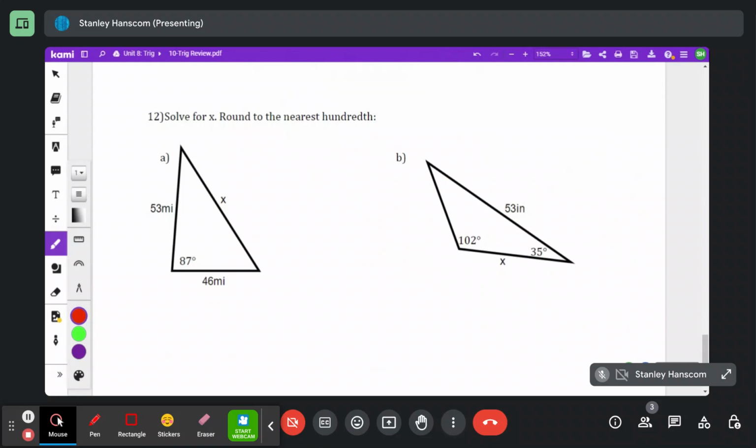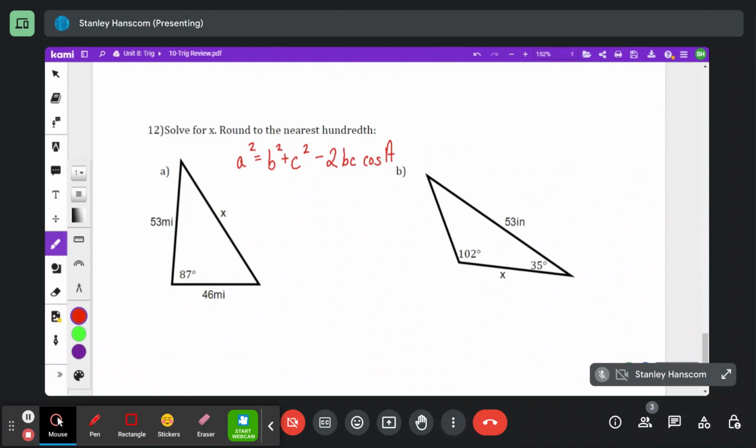Instead, when I have 1 angle, 2 sides, and 1 side that's missing, that's better for law of cosines. So I can say that a squared equals b squared plus c squared minus 2bc times the cosine of A to figure this out.